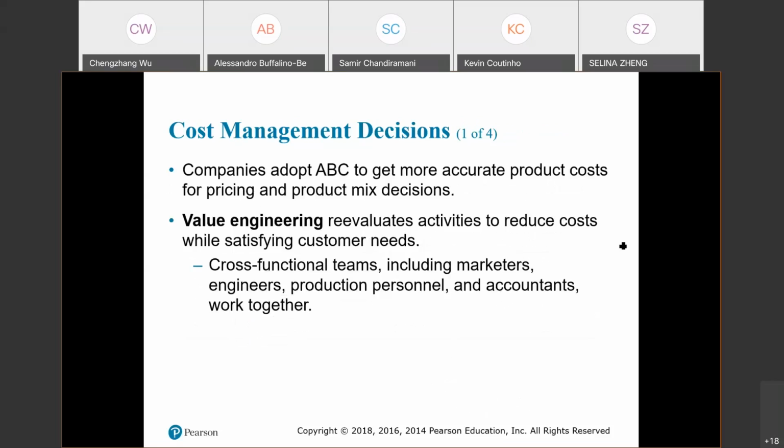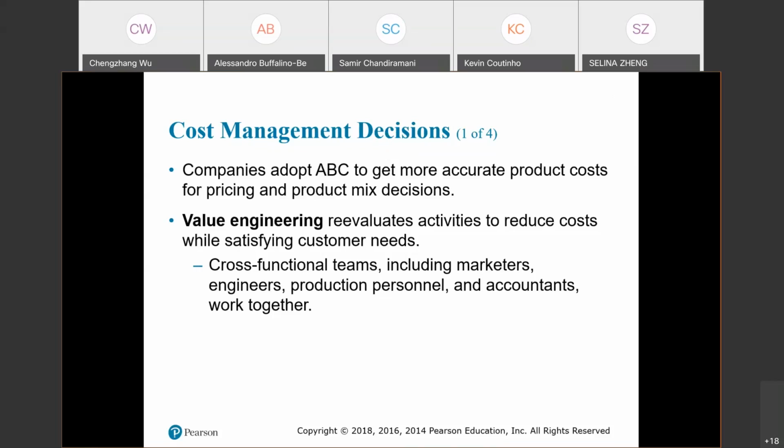Next, let's see how the cost management decisions can be made using activity-based management. Activity-based costing can be used to reduce product cost and increase the company's profitability.